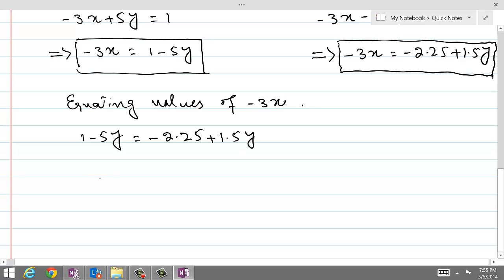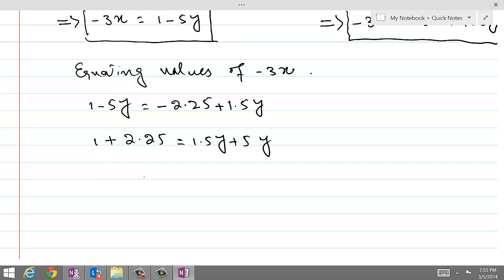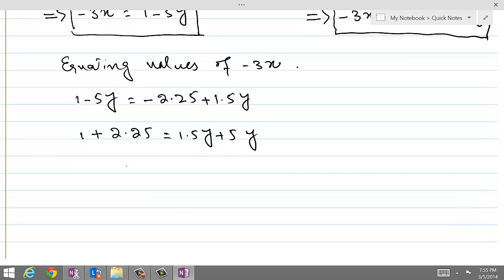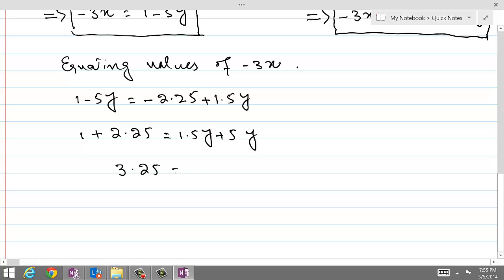So we will collect constants on the left hand side, which will give us 1 plus 2.25 equal to 1.5y plus 5y. That will give us 3.25 equal to 6.5y, because 1.5 plus 5 gives us 6.5.